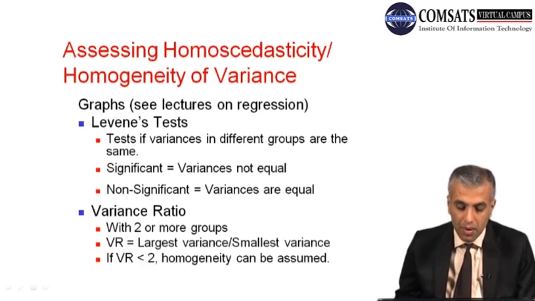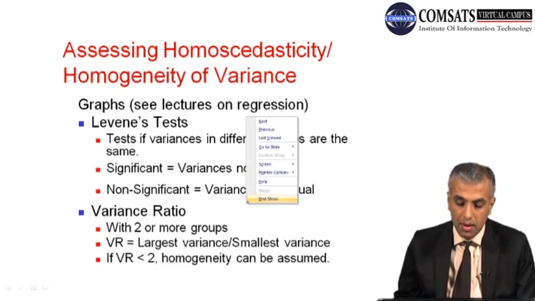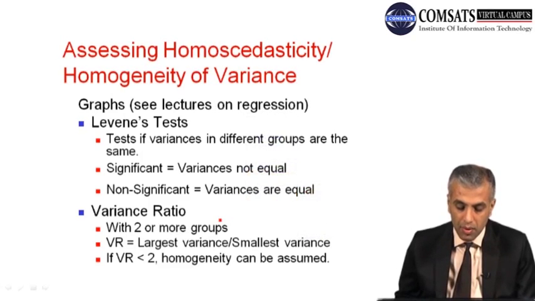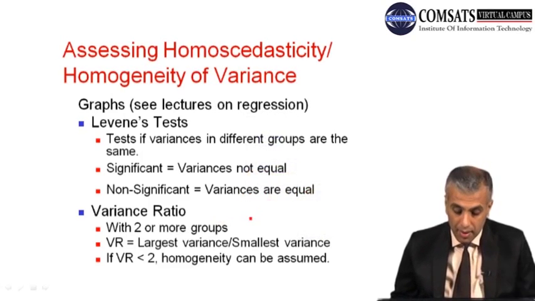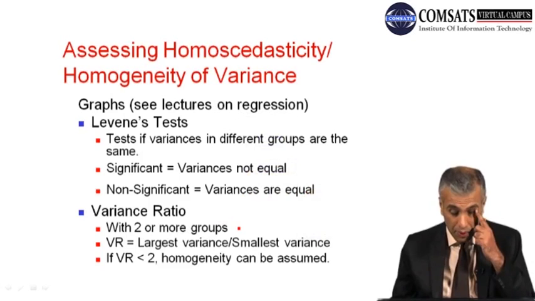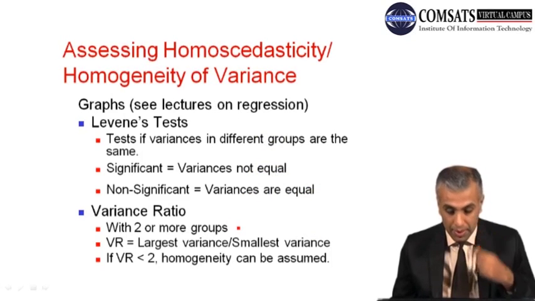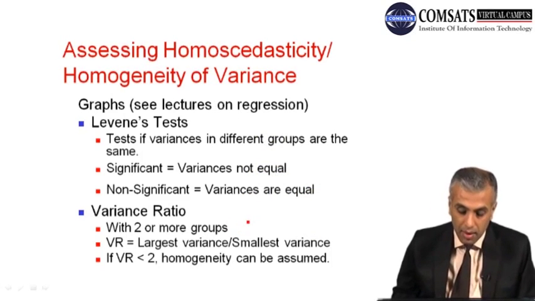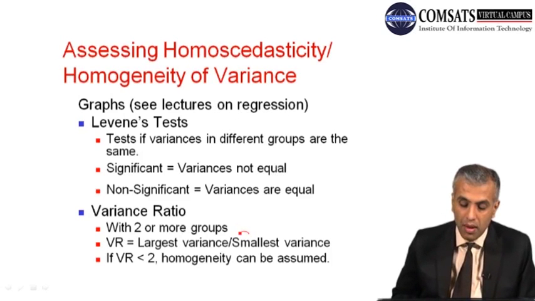It is tested for two or more groups, and you can see that VR, or variance ratio, is calculated by dividing the smallest variance by the larger variance, as shown here.